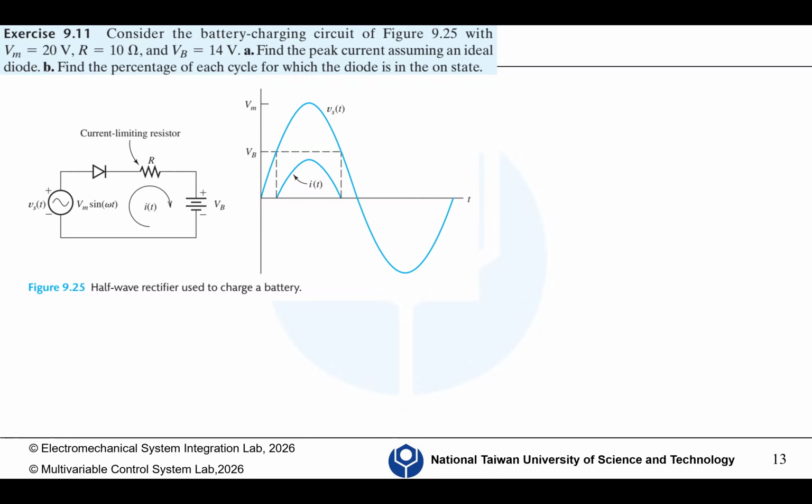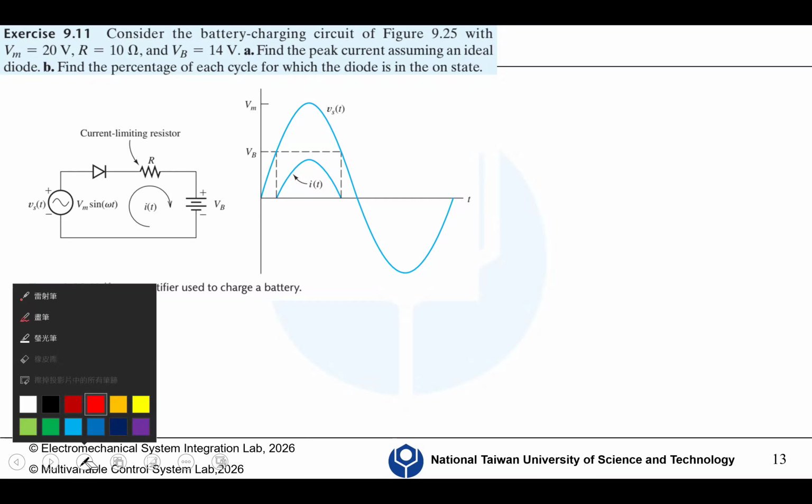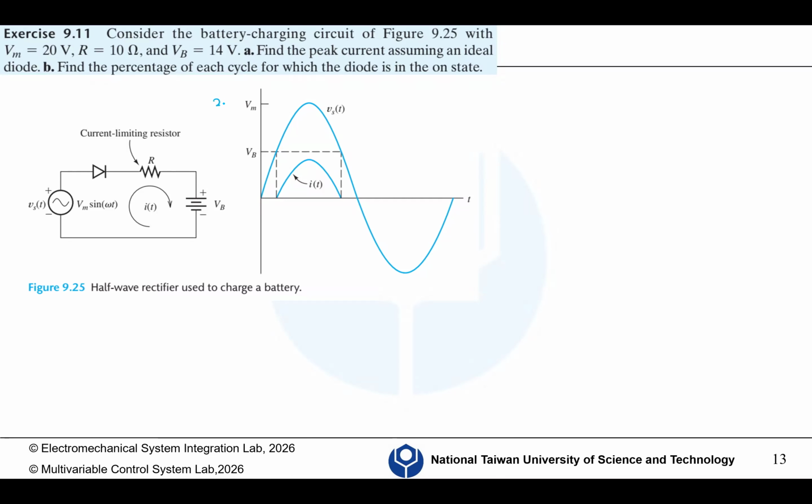It says, considering the battery charging circuit of this figure with Vm is 20 volts, which is the amplitude of the input voltage, and R equals 10 ohm. VB is 14 volts.